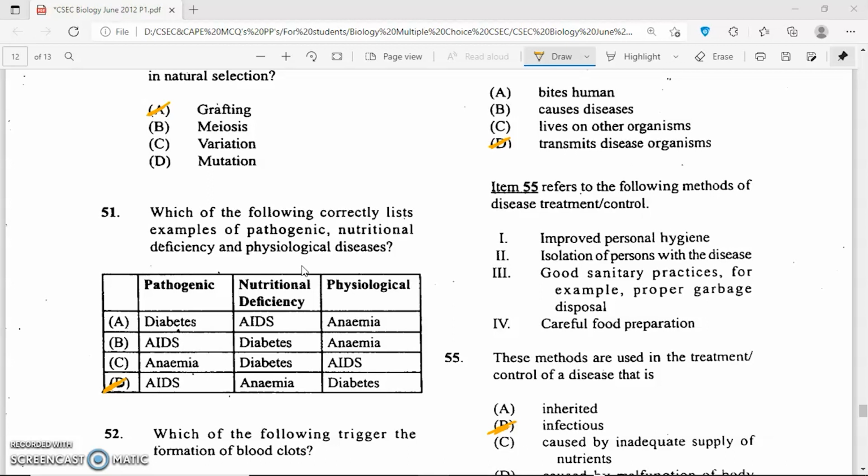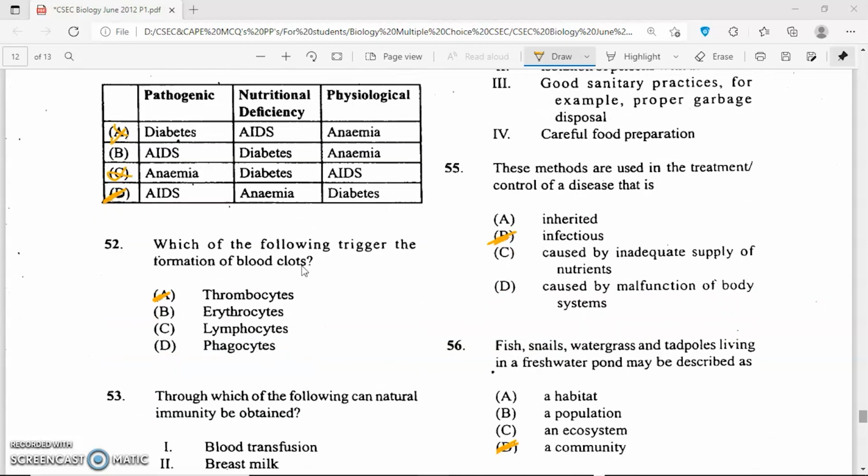Okay. C, anemia is not pathogenic, so C cannot be the answer. Okay, so the answer would have to be D. AIDS is pathogenic, anemia is nutritional deficiency, and diabetes is a physiological disease. So the answer for 51 is D.